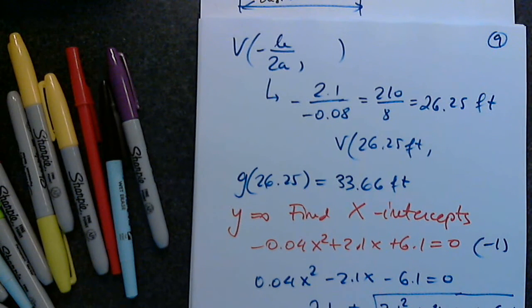Close the parenthesis inside, go outside, close the parenthesis, and divide everything by 0.08. Now I will try the other one with a negative.